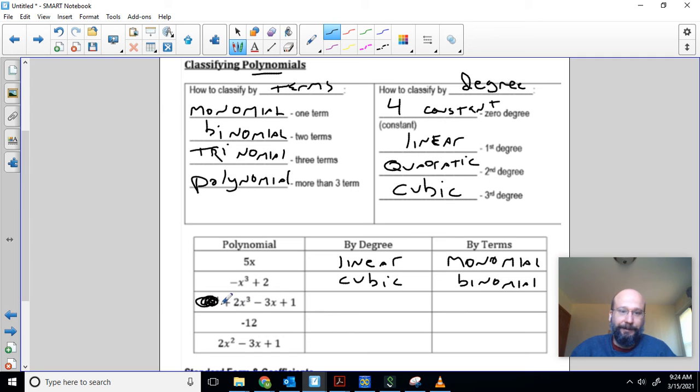This one, 1, 2, 3, because I got rid of this. 1, 2, 3, so that's trinomial. And the highest exponent is 3, so that's cubic as well. This is just a number, so it's still a monomial because it's still just one term, but there's no variable, so the degree for this is constant.